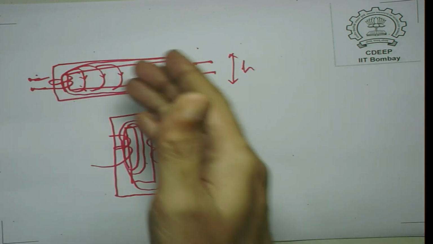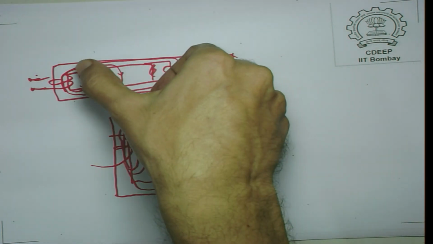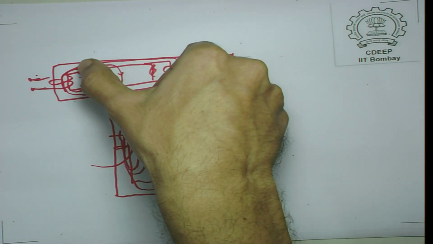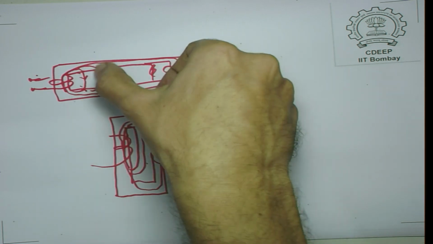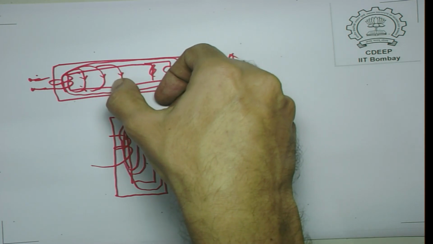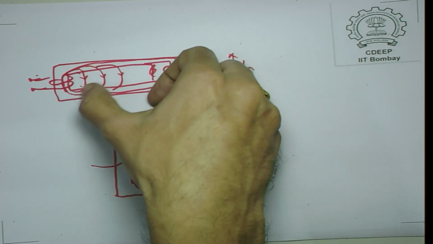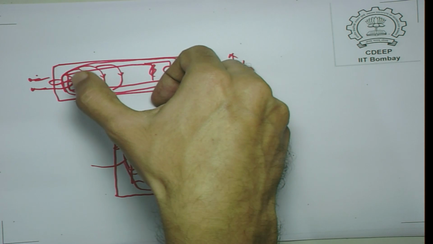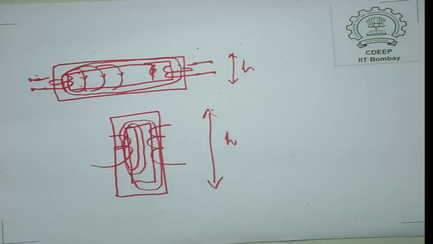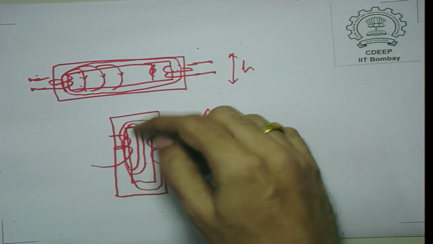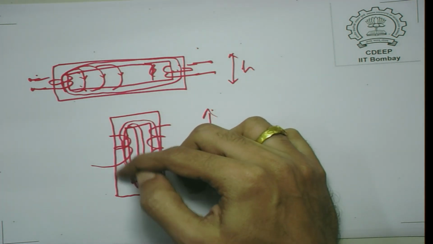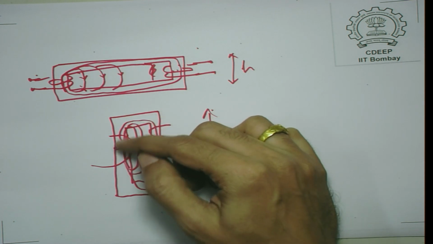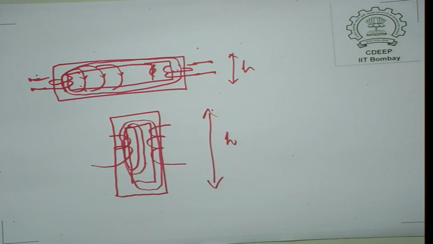Here I have tried to appeal to intuition to consider this plausible conjecture that this will have more leakage because there is a shorter lower permeability path. Here the low permeability paths are going to be much longer. Okay. So, you will probably require much more current to create leakage fluxes here than here.